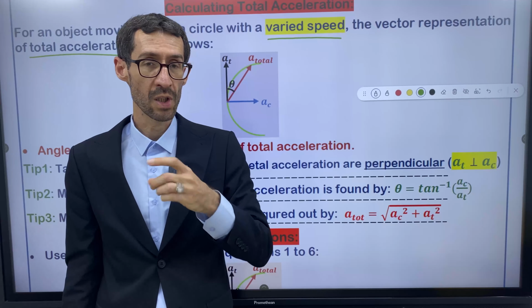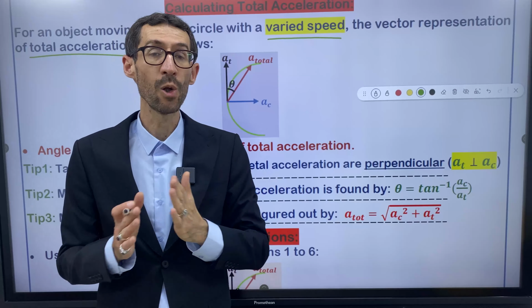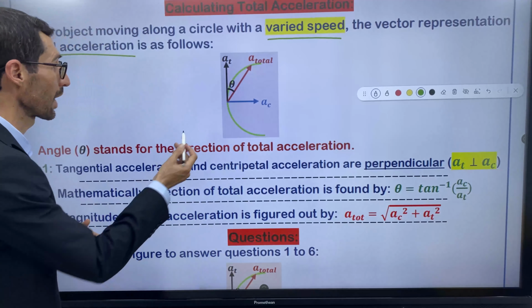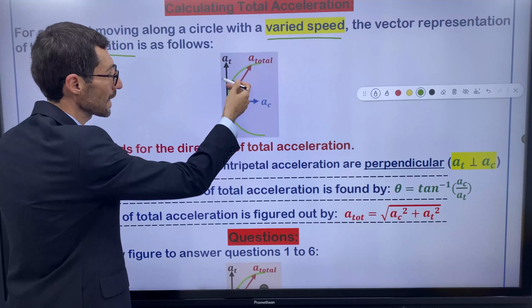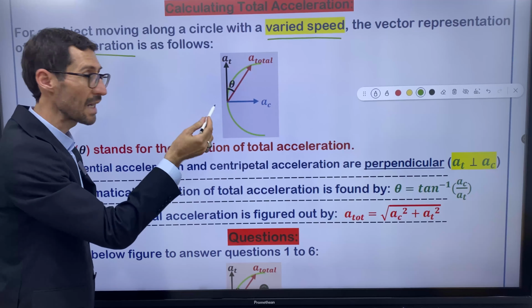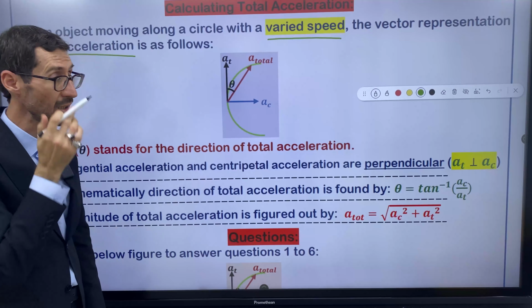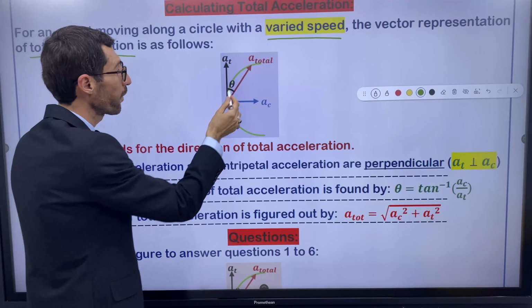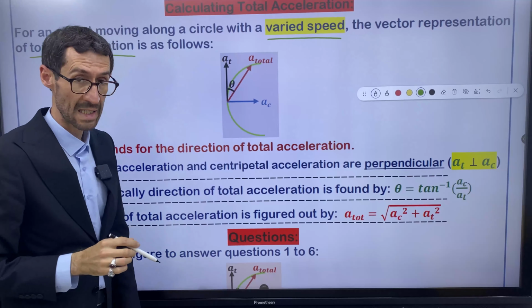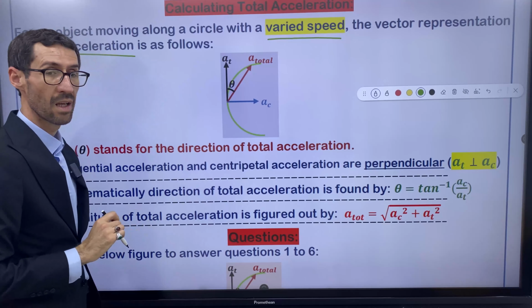Centripetal acceleration toward the center of the circle and tangential acceleration along the tangent to the circular track, like this figure. The object has AT and AC simultaneously, and we want to find the total acceleration for the object. This is called vector representation.